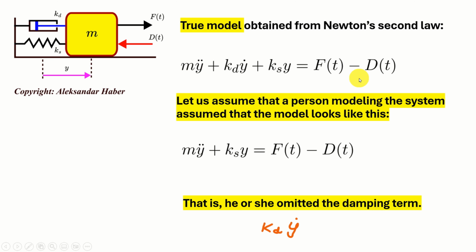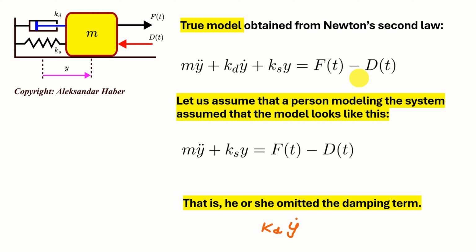Now, we as modelers never know the exact or true model perfectly. There are always model uncertainties. To follow this line of thought, let's assume that the person modeling the system assumed that the model looks like this.